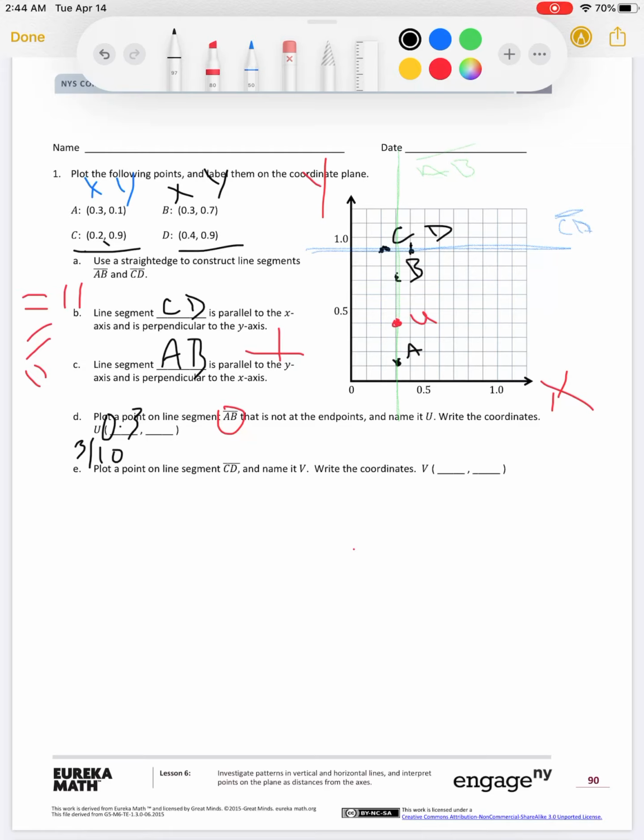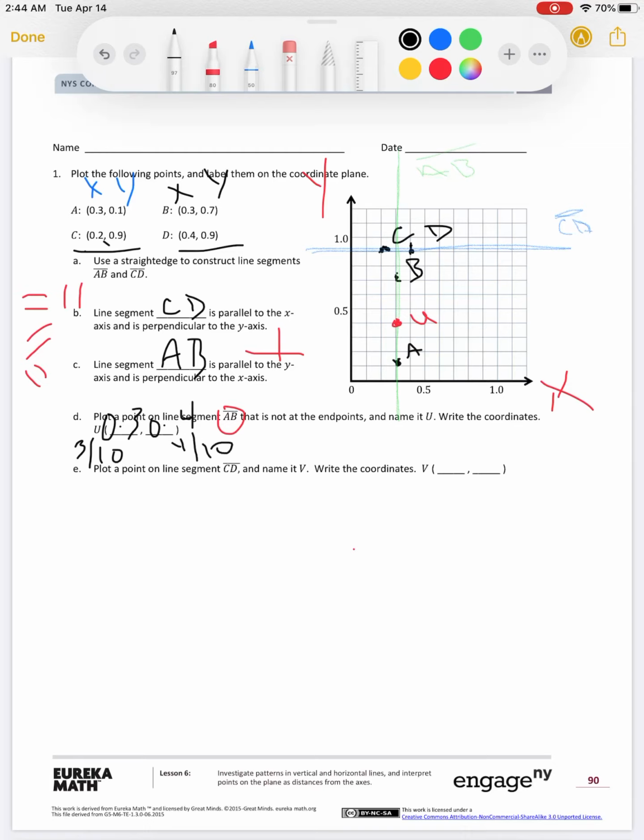Okay. Now let's look and see where U sits on the y-axis, which is here. 1/10, 2/10, 3/10, 4/10. So for the y coordinate, U would sit at 4/10. So I can do 0.4, or in fraction form, you would see 4/10.